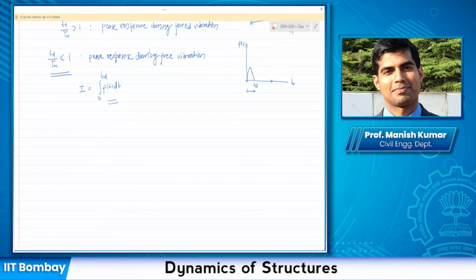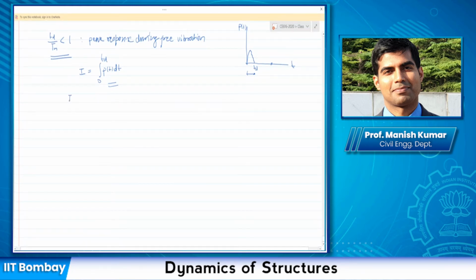Now, if you remember, impulse leads to initial velocity, correct? So impulse is equal to momentum, which is mass times initial velocity. So this leads to an initial velocity of I by m.